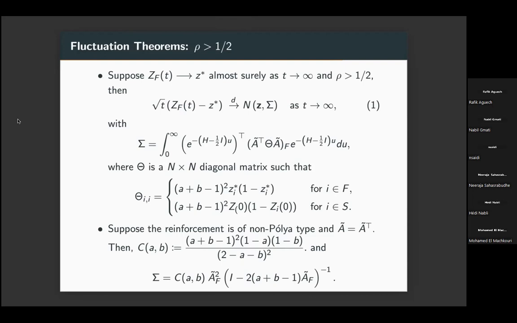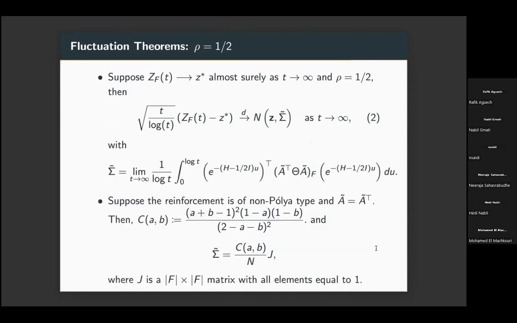The scaling is just root t, and we are looking at ZFT and its fluctuation around the limit z star. It simplifies in cases when you have symmetry in the graph. This is the second point, where A tilde equals A tilde transpose, which means that your scaled adjacency matrix is symmetric. In that case, the limiting variance simplifies quite a lot.